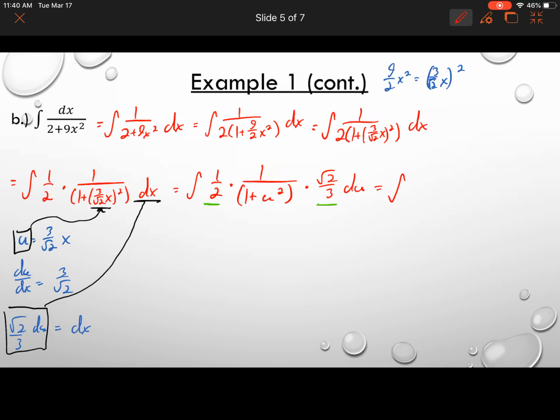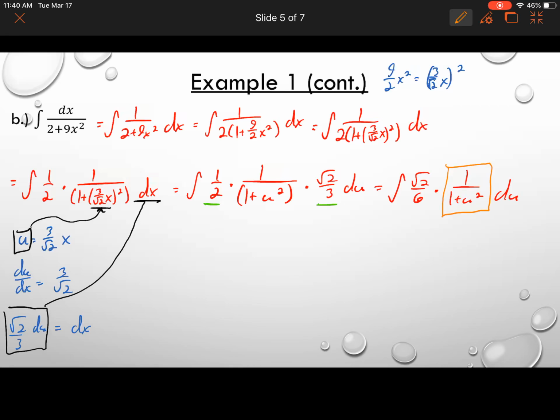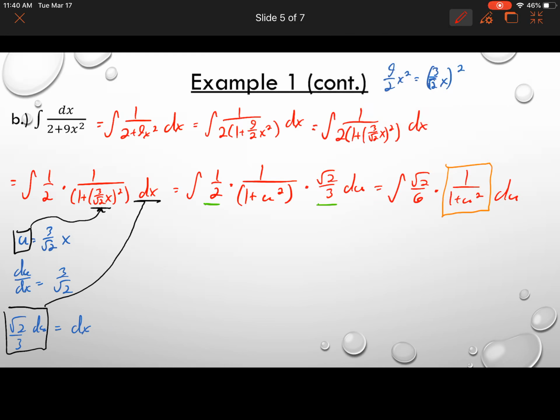So we get the integral of radical 2 over 6 times 1 over 1 plus u squared du. This is what we were looking for: 1 over 1 plus u squared, because that's the derivative of inverse tangent. So now if we take the antiderivative, we get radical 2 over 6 times inverse tangent of u plus c.